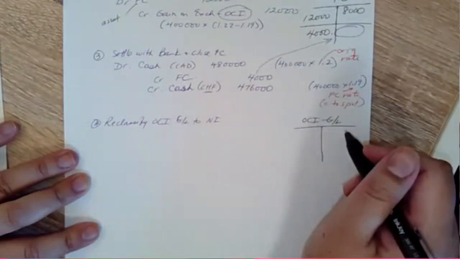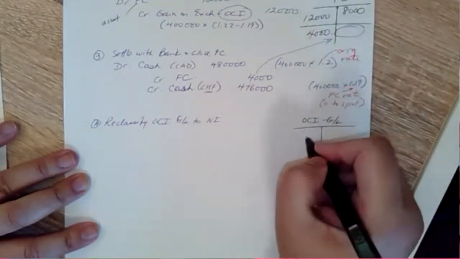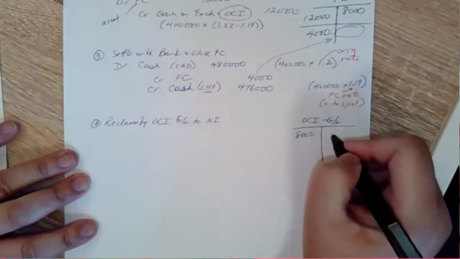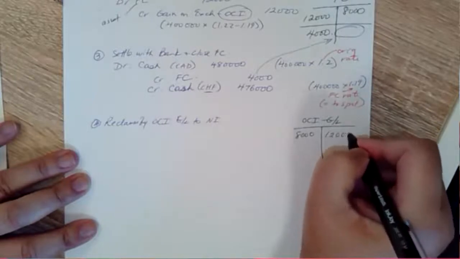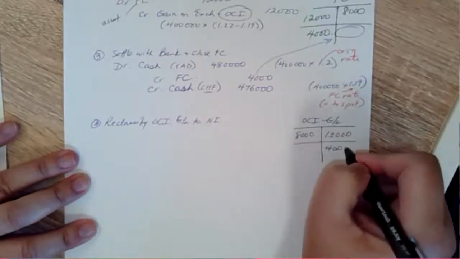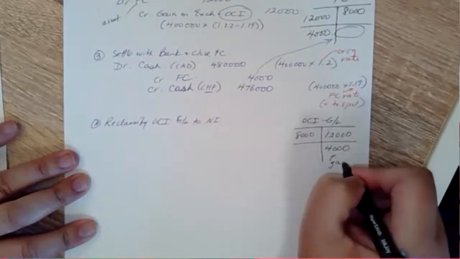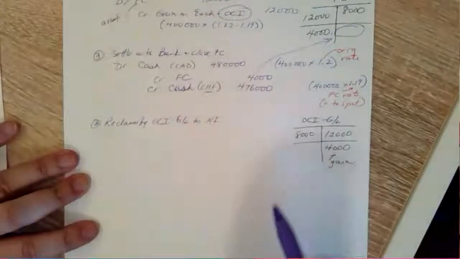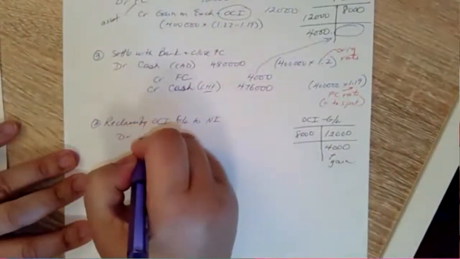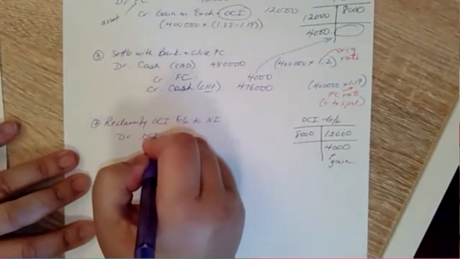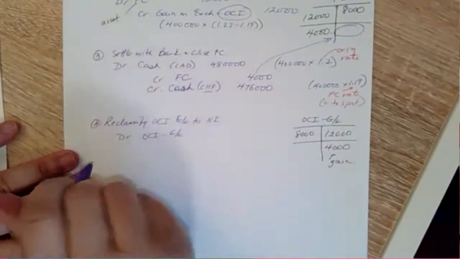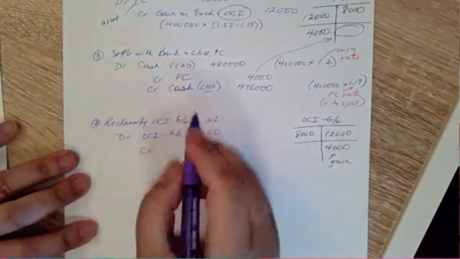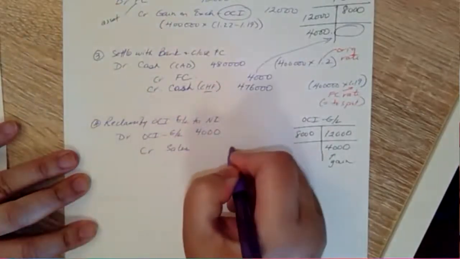So originally we had a loss of 8,000, and that's from your entry on your last page. And then we had a gain of 12,000. So we're sitting here with an overall gain of 4,000. So we've got to close that off. We're going to debit OCI gains and losses for 4,000. And because this was a sale, we put it to sales.